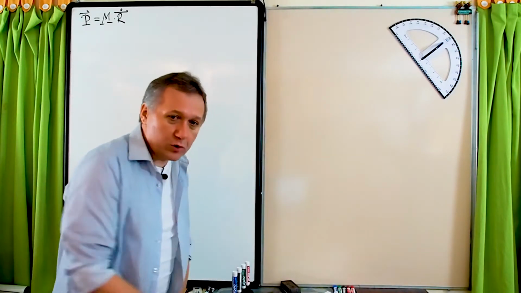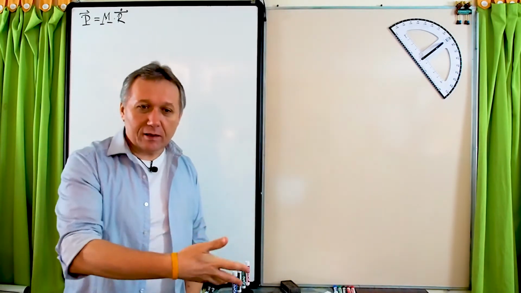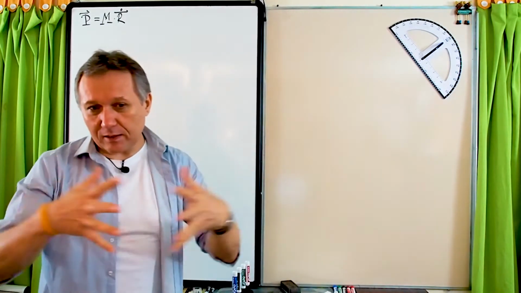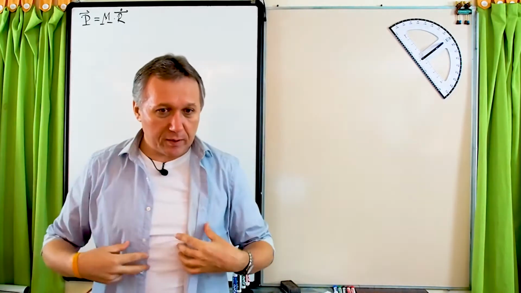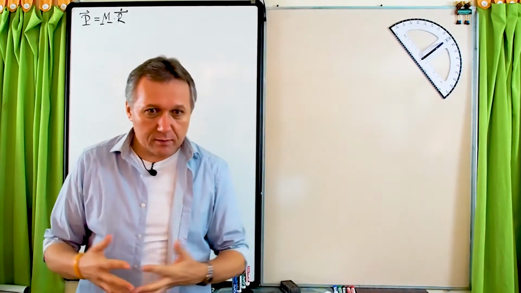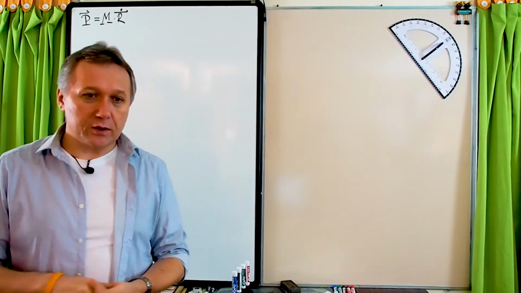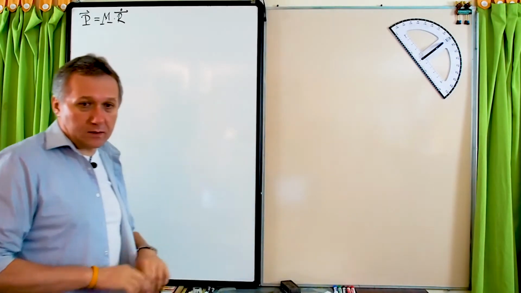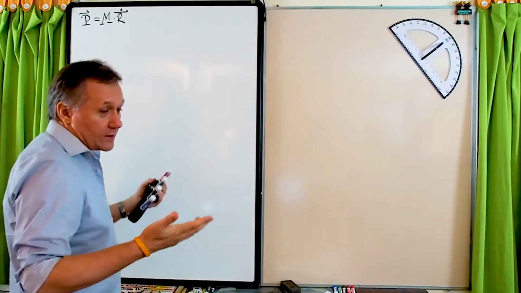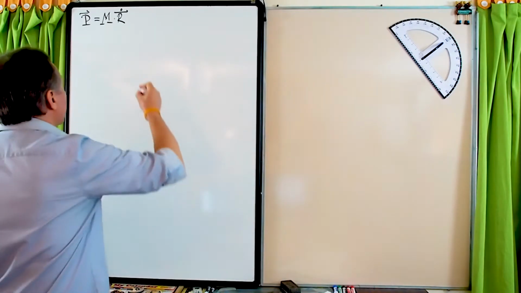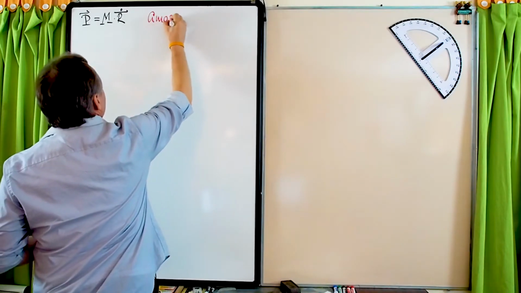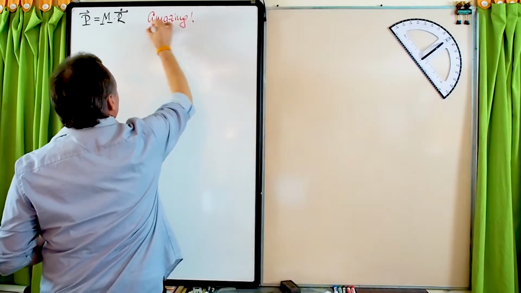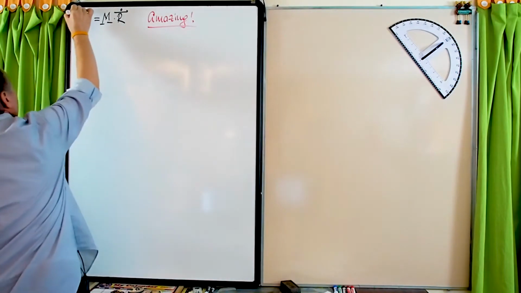You don't have to chase each particle, getting its linear momentum and then adding them all up. You just find the velocity of the center of mass, multiply by the total mass, and that's it. It's a tremendous simplification. It's the first amazing thing about the center of mass.